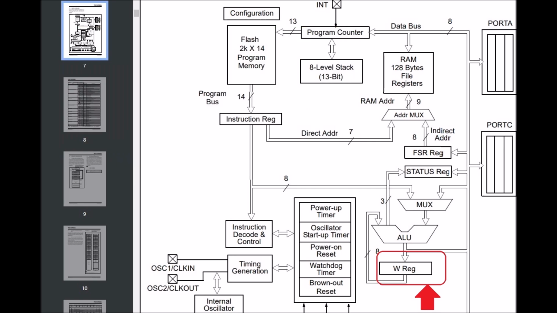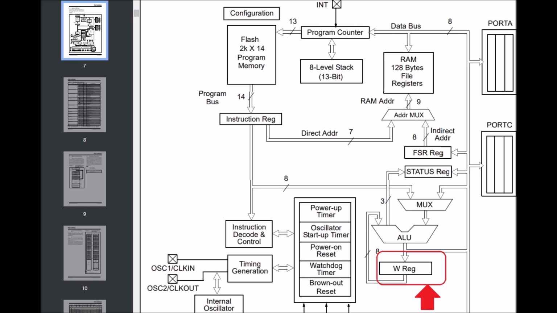Integration in the block diagram. In the block diagram of the PIC16F684, the WREGE is typically shown as a central register connected to the data bus. It interfaces with the ALU, allowing the ALU to fetch one operand directly from the WREGE.